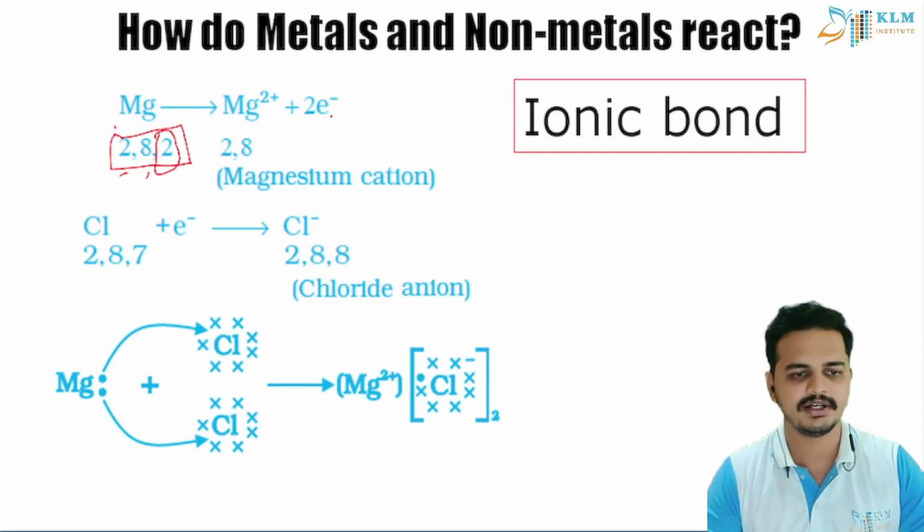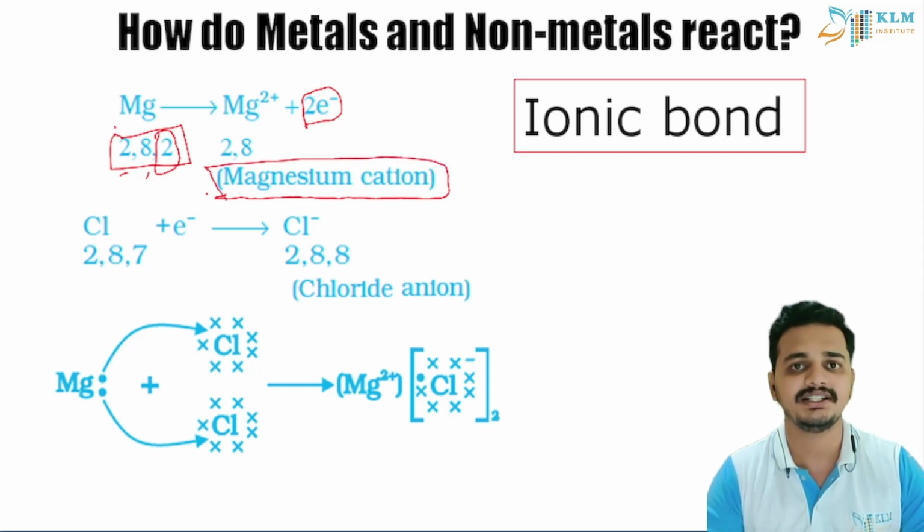So now we will remove 2 electrons. Now it becomes a cation. So whenever an element such as magnesium gets a positive charge, it becomes a cation. Cation is positive. Remember that, students.